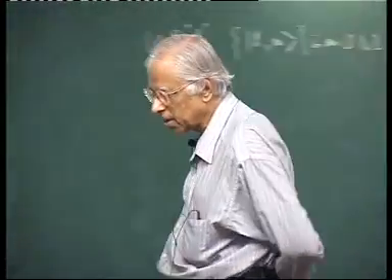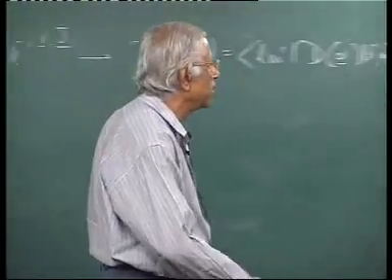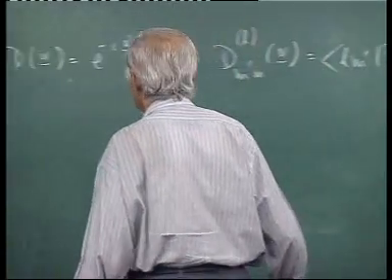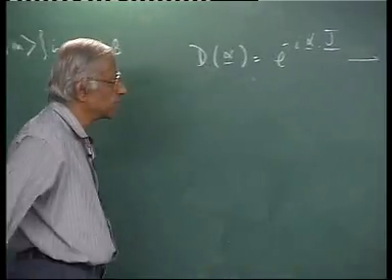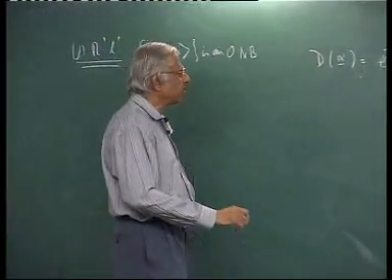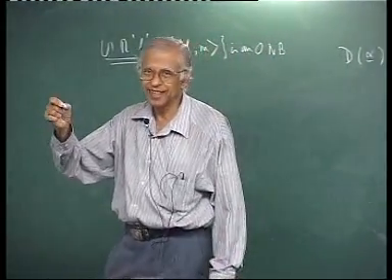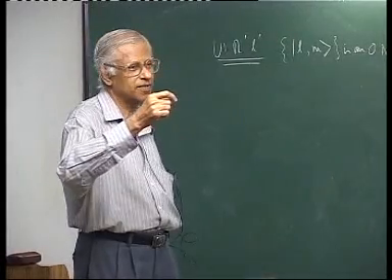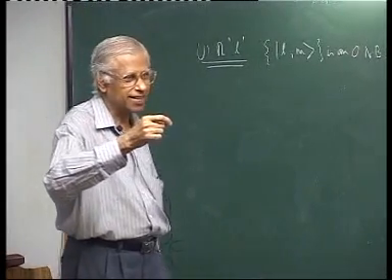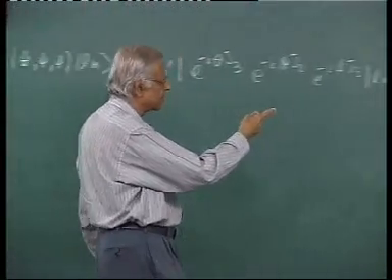And we already know immediately some properties of the little d function. Yesterday we made some statements. In the standard basis, I gave you the matrix elements of J1, J2 and J3. What kind of matrix is J1? You told me yesterday. Real symmetric. What kind of matrix is J2? Antisymmetric. Therefore, what can you say about the little d matrix?